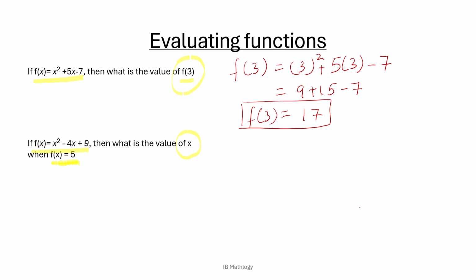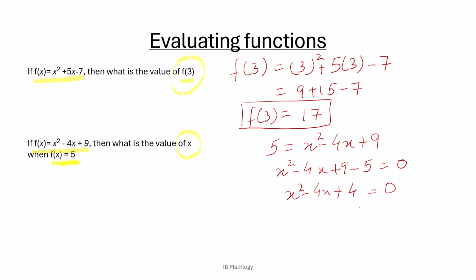So f(x) is equal to 5. I will replace my f(x) as 5 and I will write the entire equation. Now I will be solving this equation by taking all the variables and constants to one side. So I am getting this as my quadratic equation. Now I have to factorize it. So I can factorize it like this, by middle term splitting.